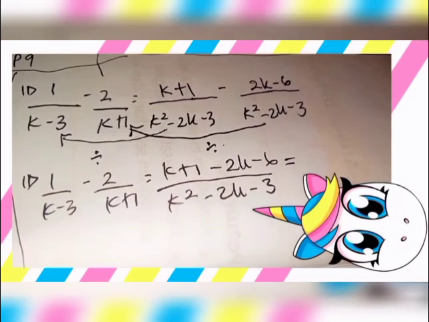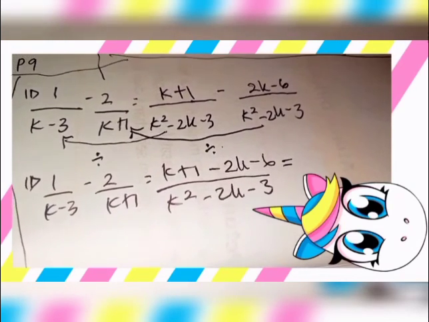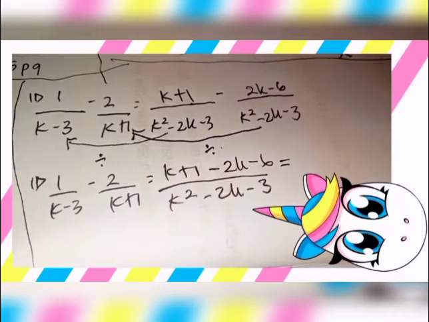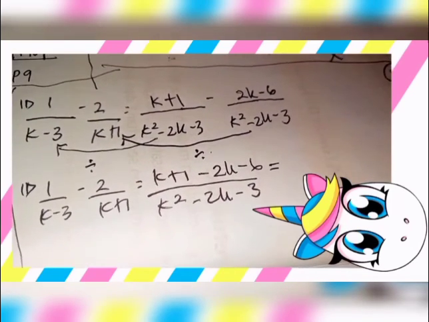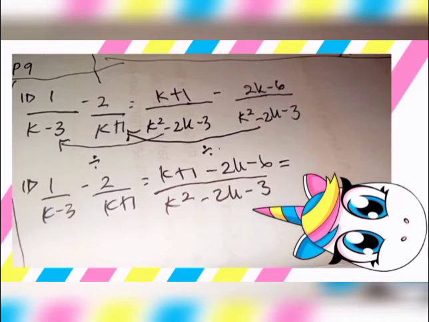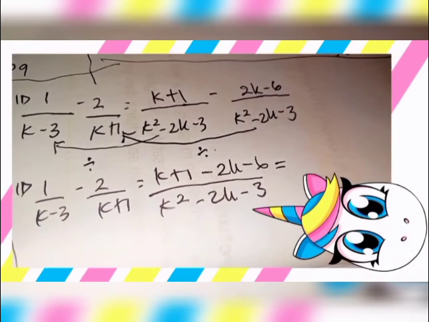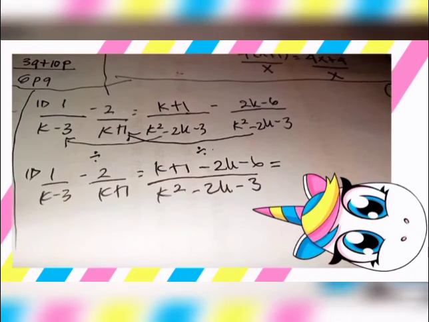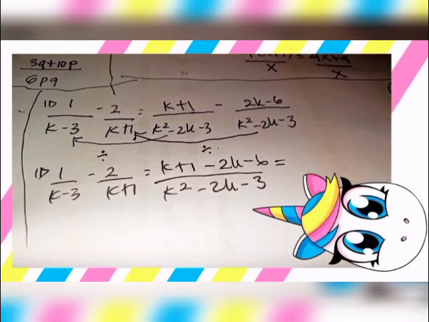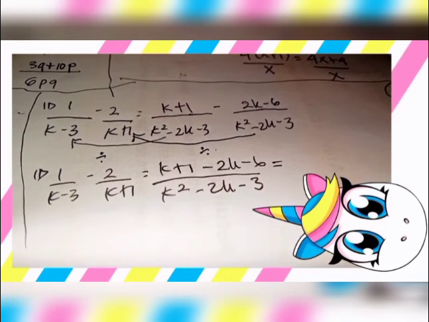Fraction operation. So the result of k plus 1 minus 2k minus 6 over k squared minus 2k minus 3 equals minus k minus 5 over k squared minus 2k minus 3.